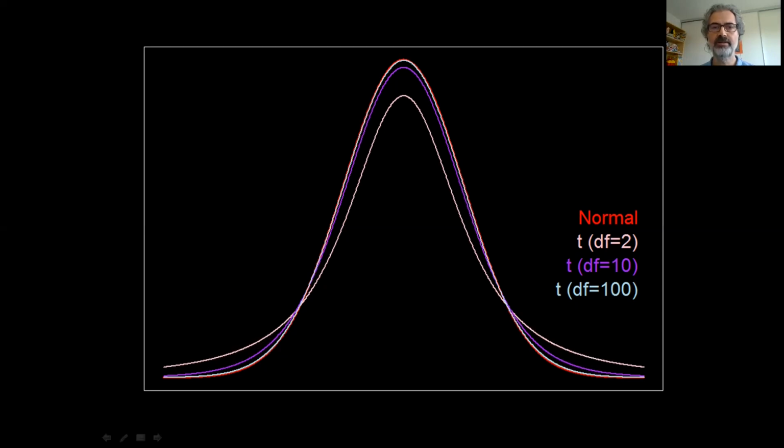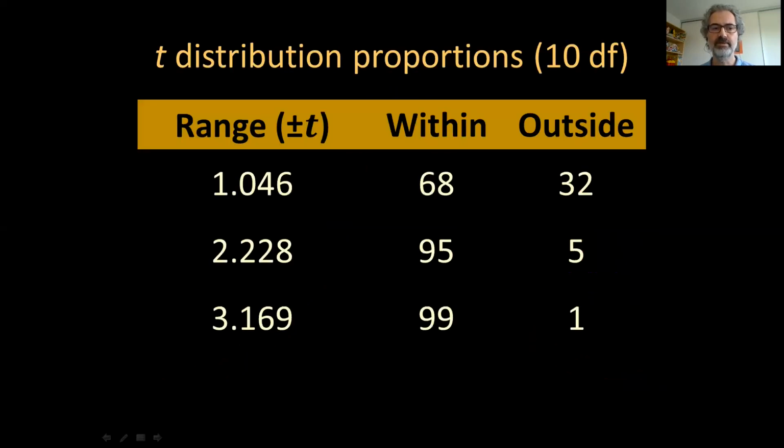In practice, all this means is that instead of looking up the proportions in the normal distribution, we'll look them up in the t-distribution. So these numbers change by changing the lookup. If we were looking up for 10 degrees of freedom, it turns out that 95% of t-values lie within 2.228 from 0, so from minus 2.228 to plus 2.228.